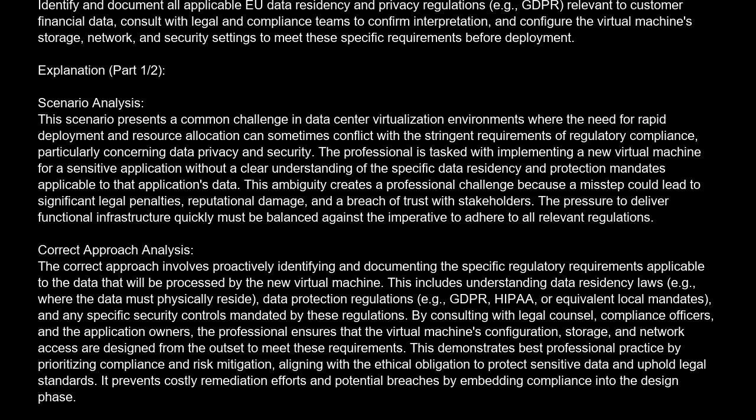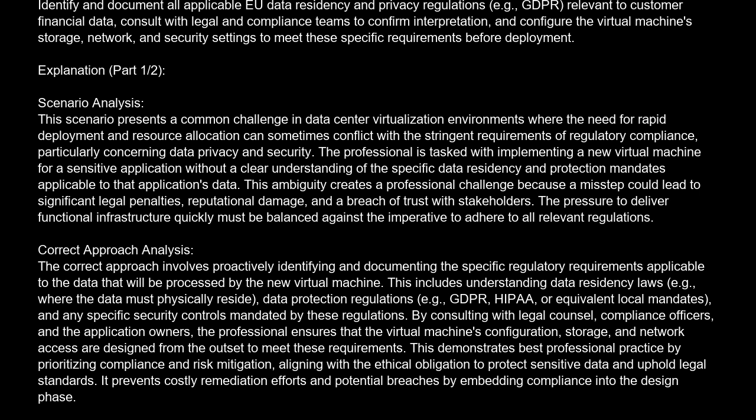This ambiguity creates a professional challenge because a misstep could lead to significant legal penalties, reputational damage, and a breach of trust with stakeholders. The pressure to deliver functional infrastructure quickly must be balanced against the imperative to adhere to all relevant regulations. Correct approach analysis.